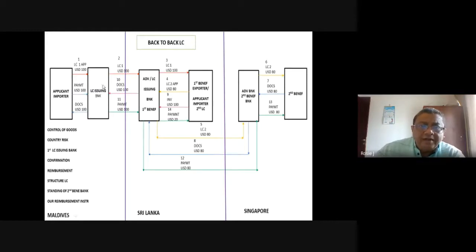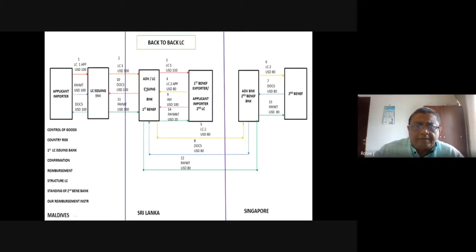Supposing People's Bank pays, and due to some reason in Mauritius, like currency, government regulations, floods or something like that, the Bank of Ceylon does not pay People's Bank. People's Bank carries a loss and cannot at all refuse payment to the second beneficiary, because the second beneficiary performed on the undertaking of People's Bank.